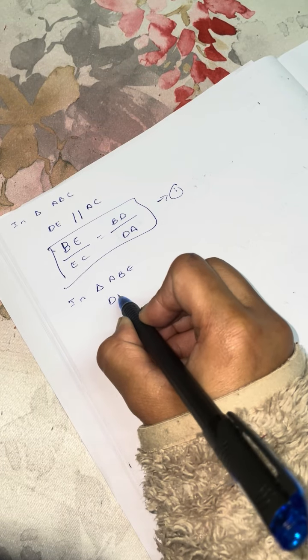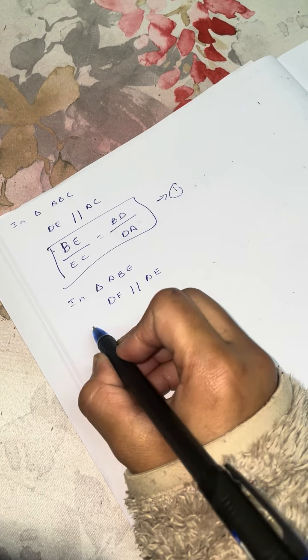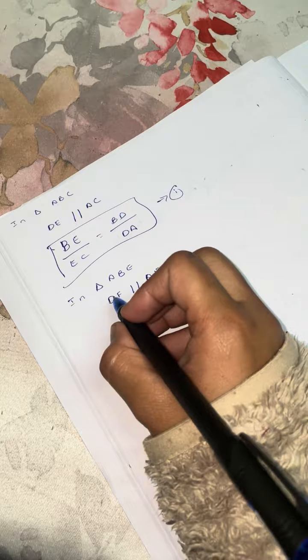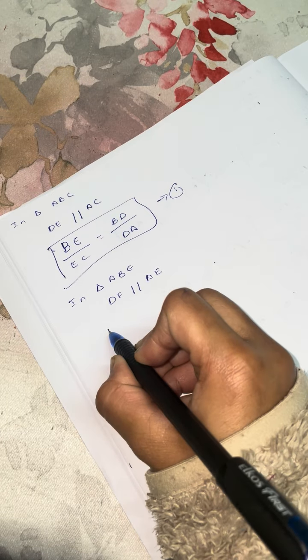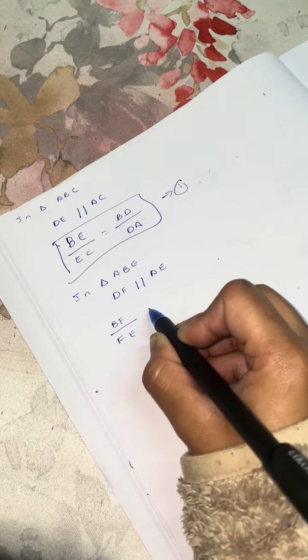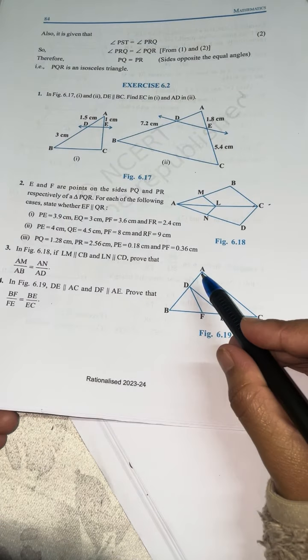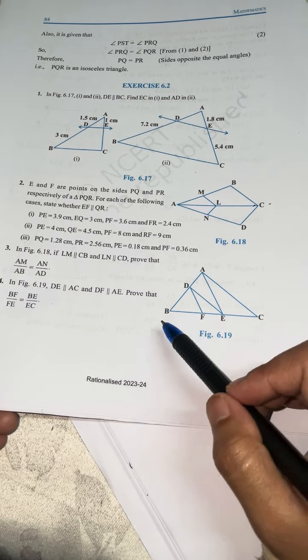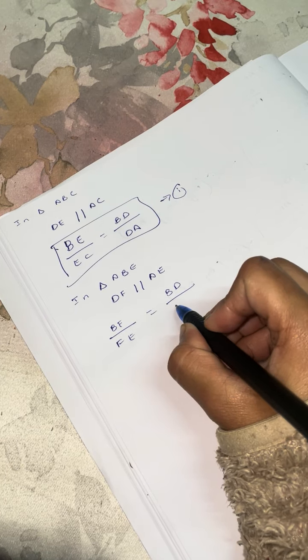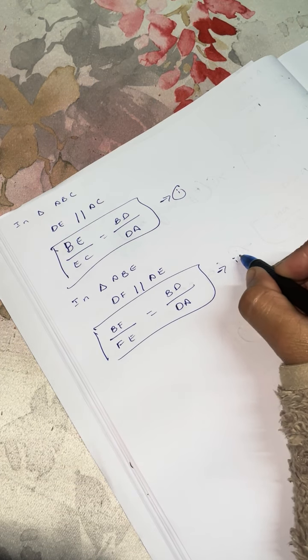In triangle ABE, since UDF is parallel to EE, this is what we have to prove. I mean, BF over FE and BD are proportional. In triangle ABE, BD is proportional to DE, so BD over DE is equation 2.